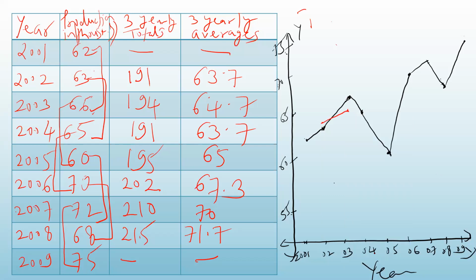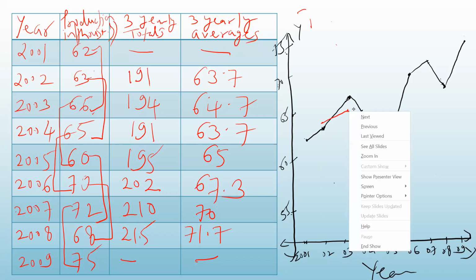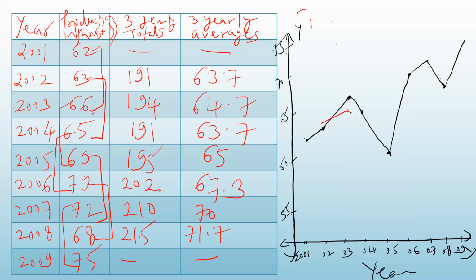Okay. Then 2004 it is 63.7. So it has declined again. 63.7, meaning 64 you can say. Then for 2005 it is 65. So 65. For 2006, 67.3. 67.3 means it has again gone high.